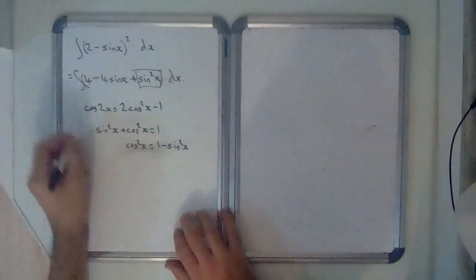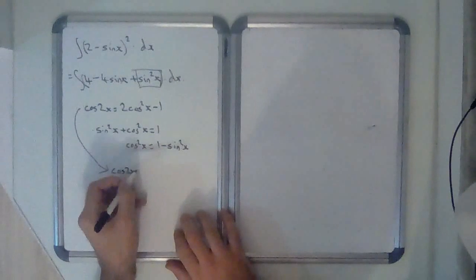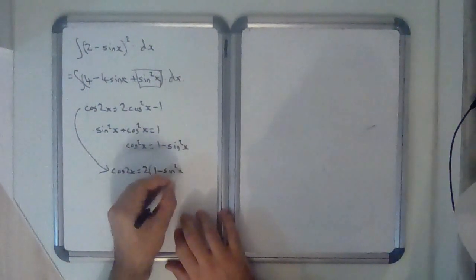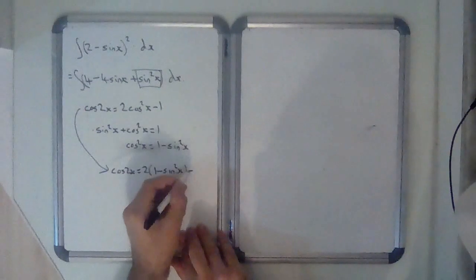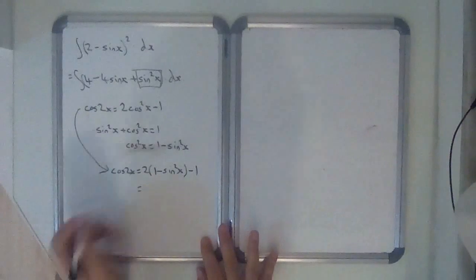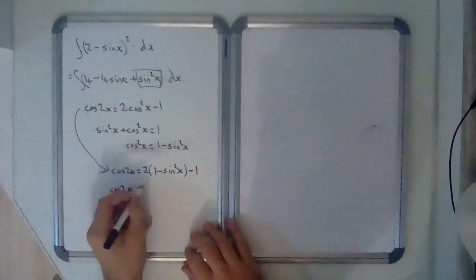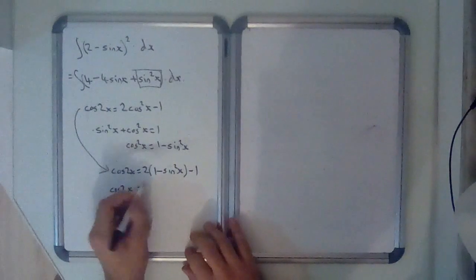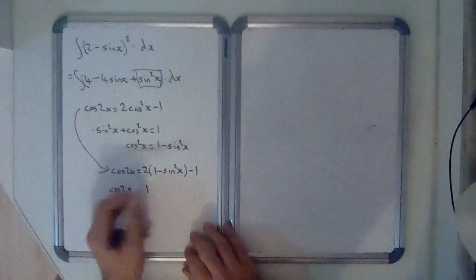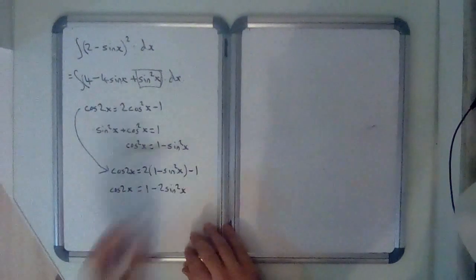So cos squared x equals 1 minus sine squared x. So if I write this one again, cos 2x must equal 2 times (1 minus sine squared x) minus 1. So that would be cos 2x equals 2 minus 1, which is 1, minus 2 sine squared x.